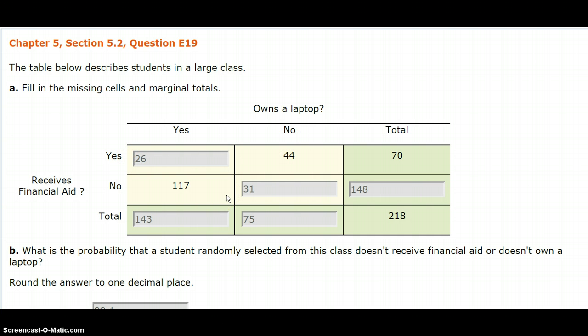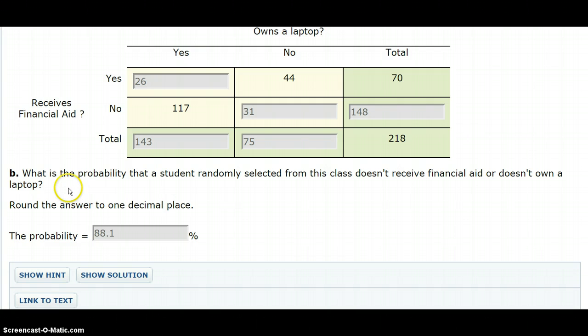And then we have a question, what is the probability that a student randomly selected from this class, so how many students are in this class? That's where we go to the total down there, 218. So randomly selected from this class doesn't receive financial aid or doesn't own a laptop. So what does that mean?